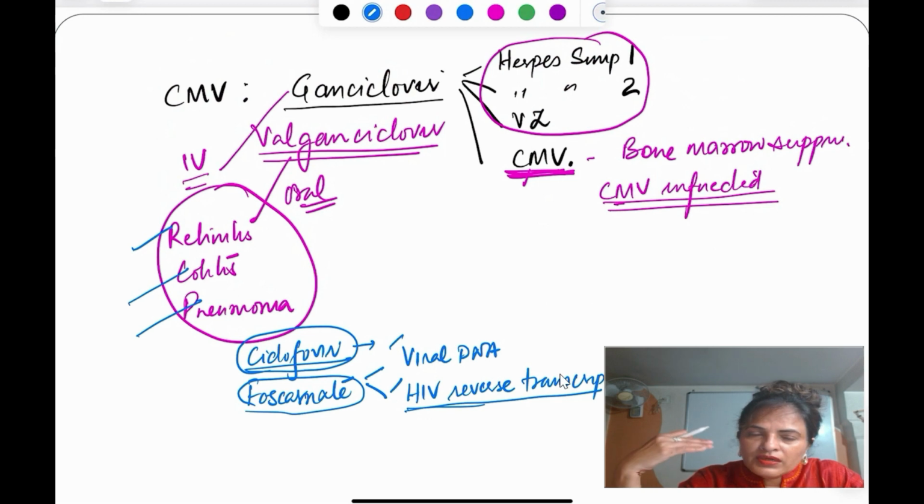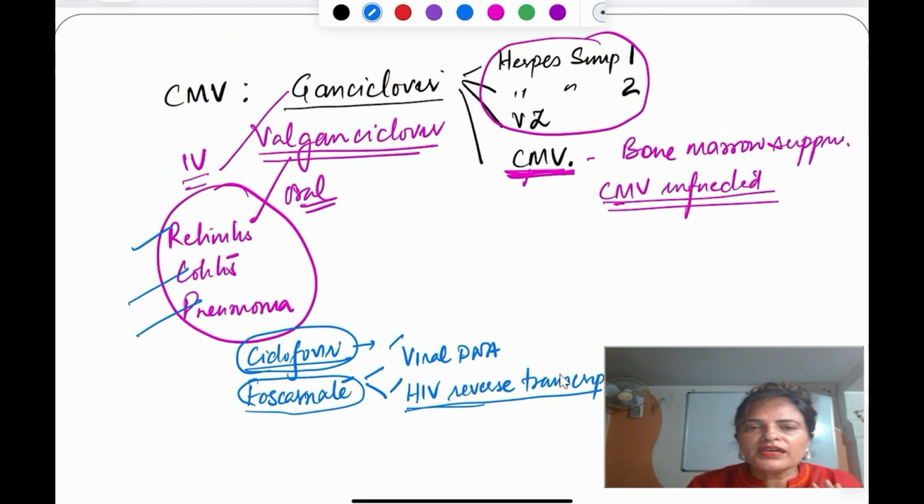So what alternative do we have? We have valacyclovir and famciclovir, which are effective against varicella zoster, especially valacyclovir with good oral bioavailability. The drug of choice for varicella zoster is valacyclovir. And famciclovir is effective against varicella zoster, and along with that it also shows activity against hepatitis B virus.